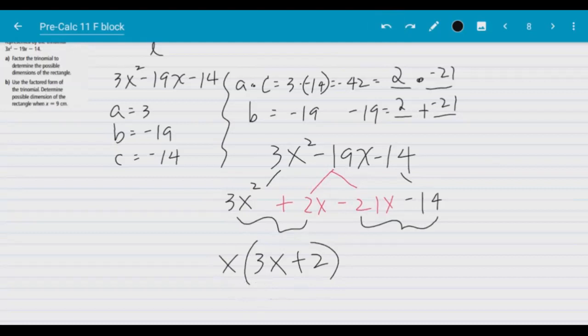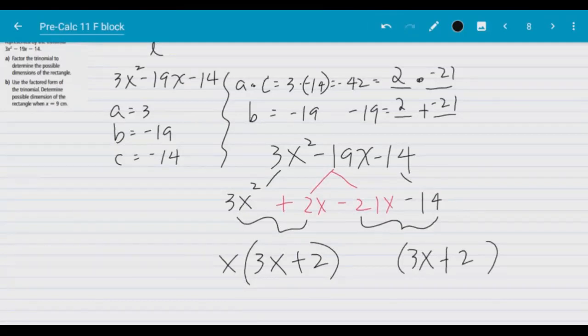You have to understand that if you're doing this correctly, as you go to the next part of the process, you will have another 3x plus 2 over here. It's sort of a hint, okay? If you are unable to get 3x plus 2 there, then something is going wrong.